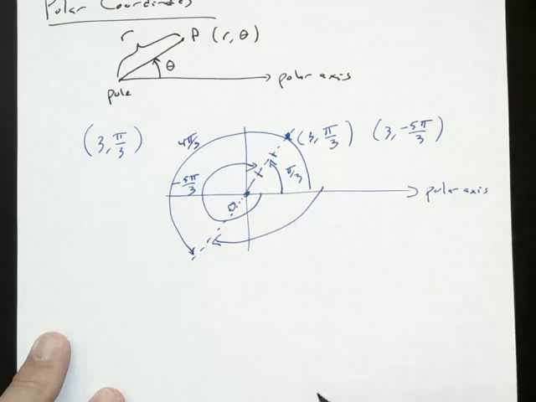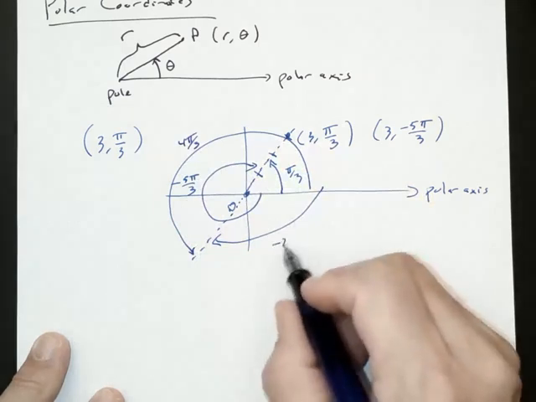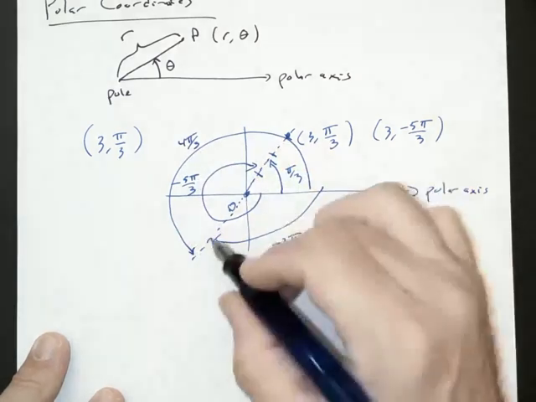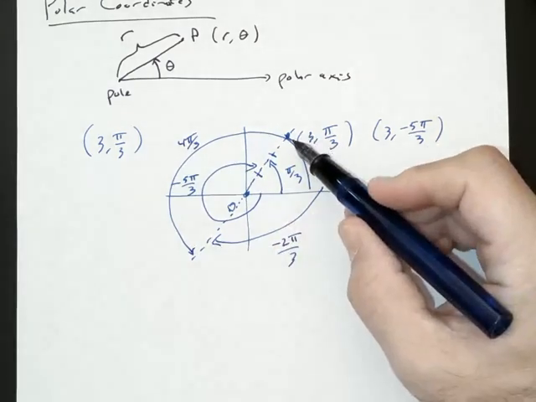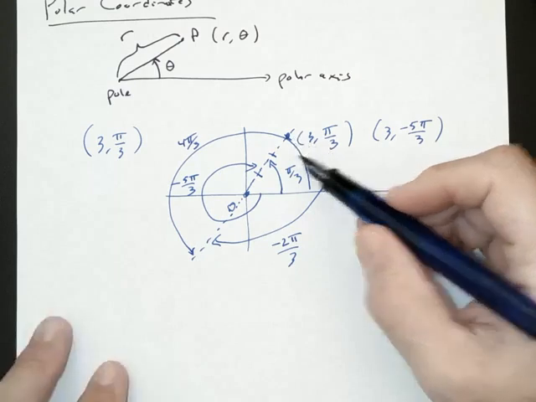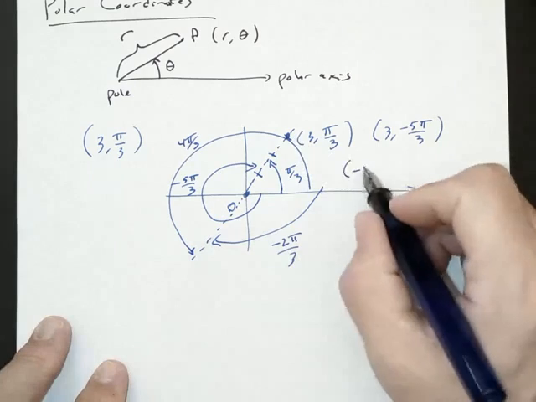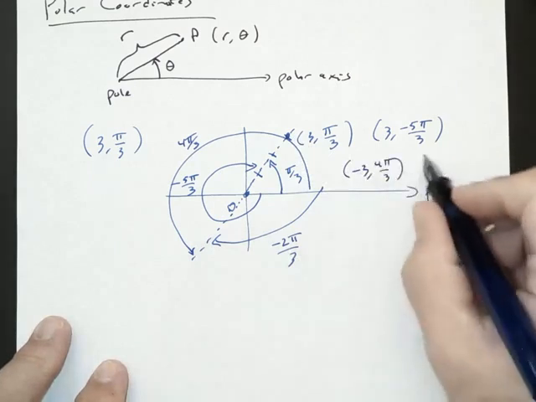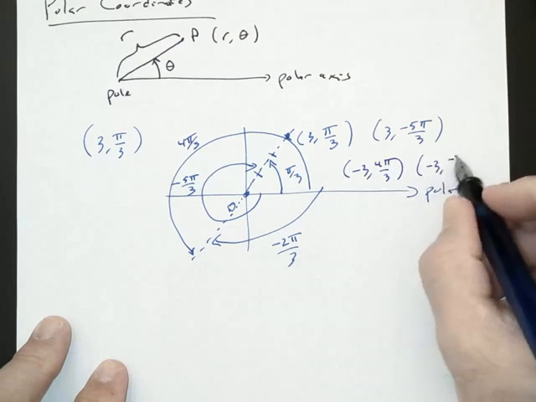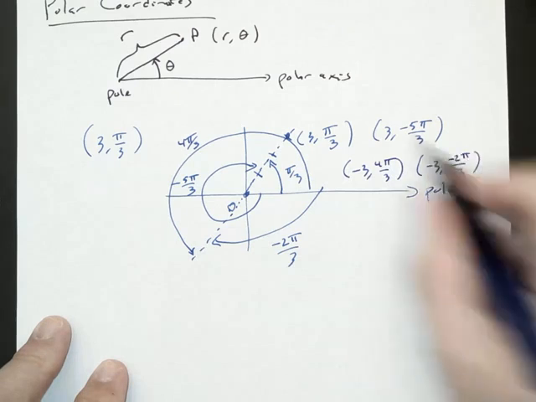What angle would this be? 2 pi over 3. Aha. But if I'm facing this direction and I want to end up here, I have to walk backwards, don't I? So I could just as easily say that the point -3, 4 pi over 3, or the point -3, -2 pi over 3.